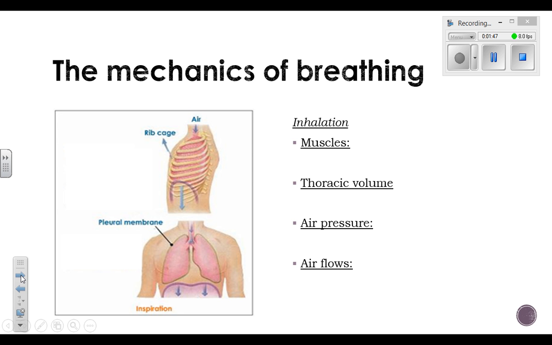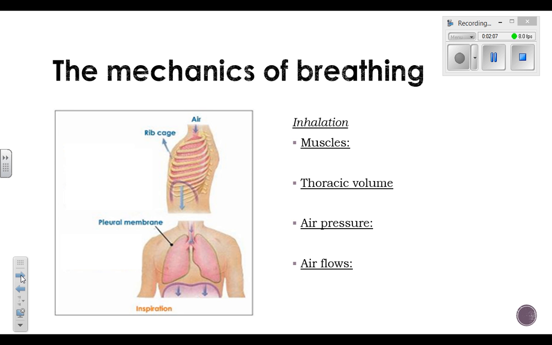One of the pictures is showing you what it looks like when you inhale, and the other one is showing you what it looks like when you exhale. And there's not a lot visibly different. We're talking about the same structures. But the thing that you'll want to focus on or take note of is which way things are moving.